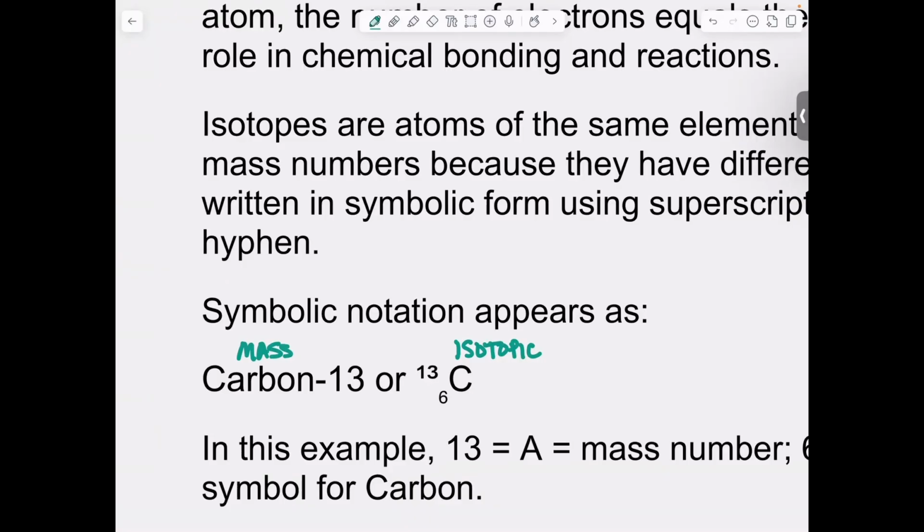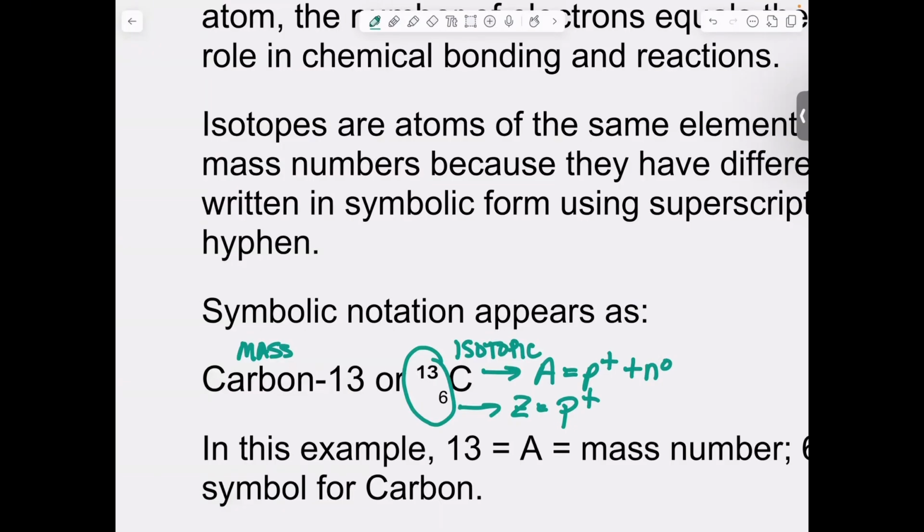This carbon-13 tells me it has 13 protons and neutrons total. That's our A. That's protons and neutrons. And then this is our Z, our atomic number, and that's protons only. So all we have to do is simply take these two numbers and subtract to get our neutrons. 13 minus 6 would be 7.